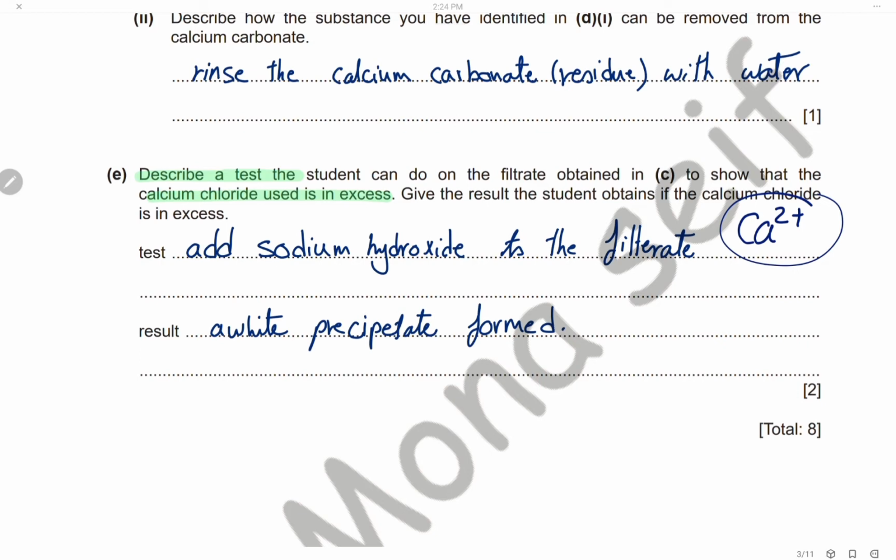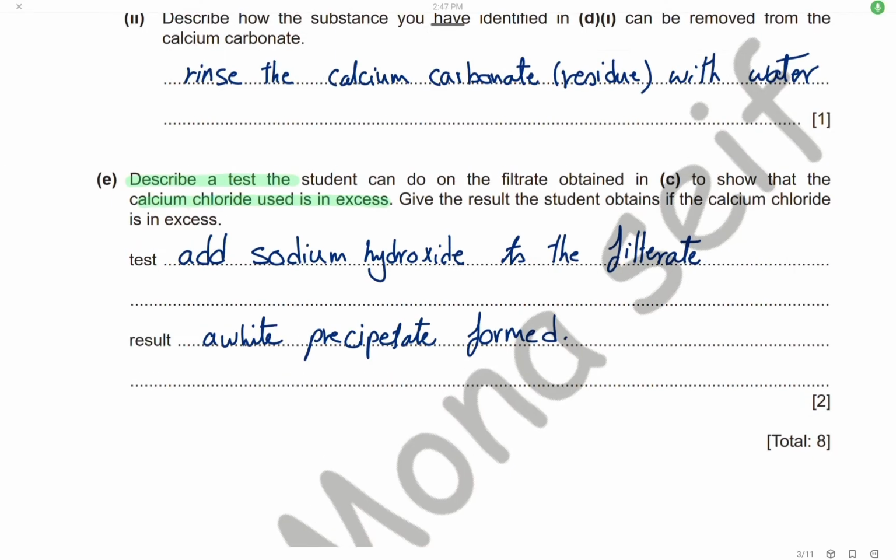If calcium ions are present, that means that the calcium chloride is in excess. So we will add aqueous sodium hydroxide to the filtrate. If a white precipitate is formed, that means we have calcium hydroxide formed and we have calcium ions in the solution. That means calcium chloride is in excess.